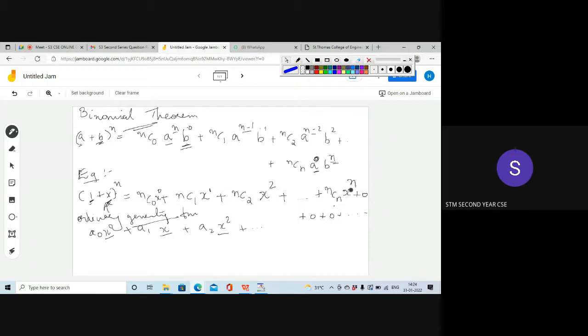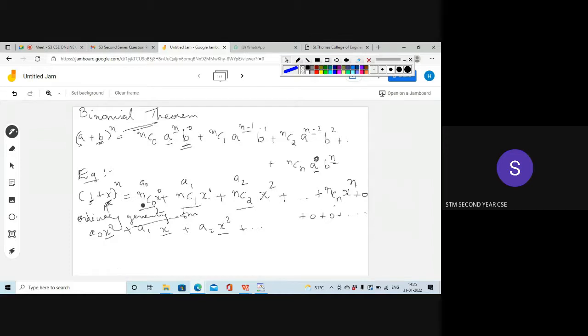To make this sequence an infinite series, we add the remaining terms as zeros. So this becomes an ordinary generating function in the powers of x raised to 0, x raised to 1, etc., with coefficients nC0, nC1, nC2, etc. This becomes an ordinary generating function with a0 as nC0, a1 as nC1, a2 as nC2, and so on.